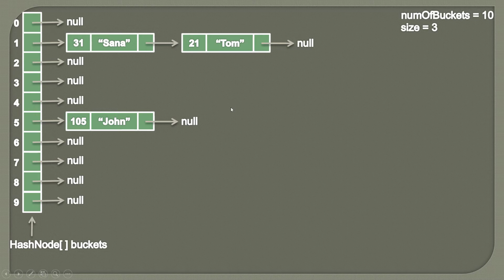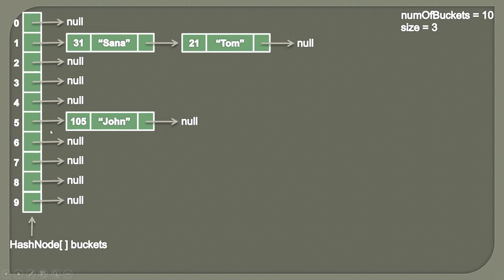So friends, here you can see the advantage of searching a value corresponding to a key in this hash table is that it is very fast. For example, let's say we want to search for key 105. The number of buckets in the buckets array is only 10, and we are storing a huge number of values in this buckets array.